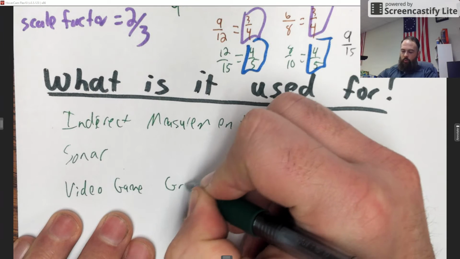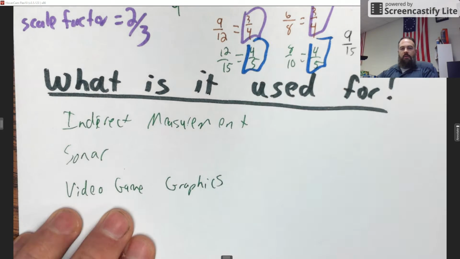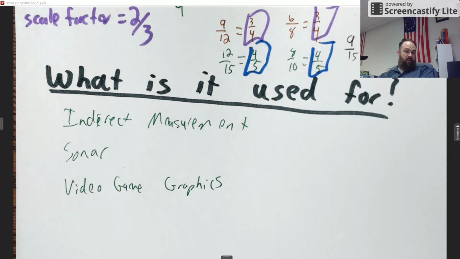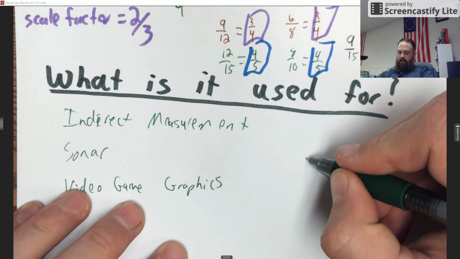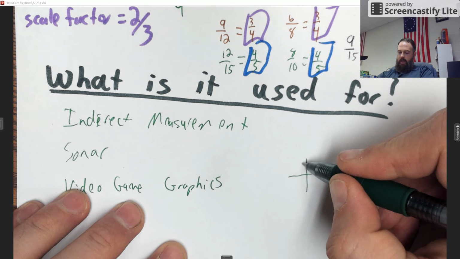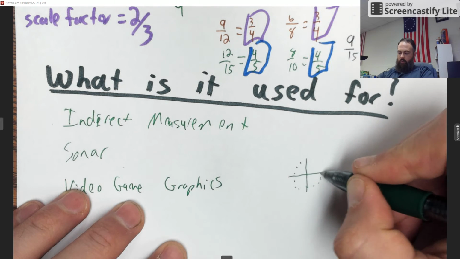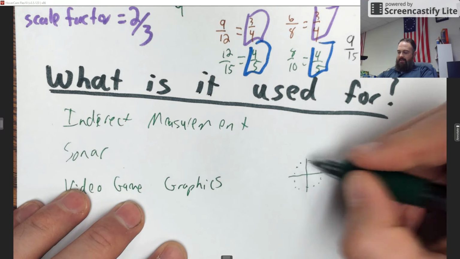particularly video game graphics. I remember once I was working a job outside of teaching. I was doing a programming job, and I was having to help a developer come up with how to place certain points around a circle that were dynamic. He essentially had a crosshair here, and he had to make dots around a circle, but these things had to be able to move.